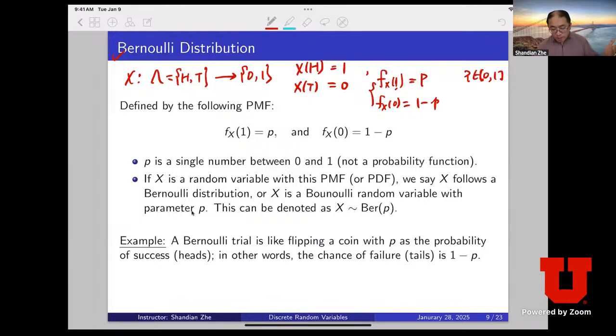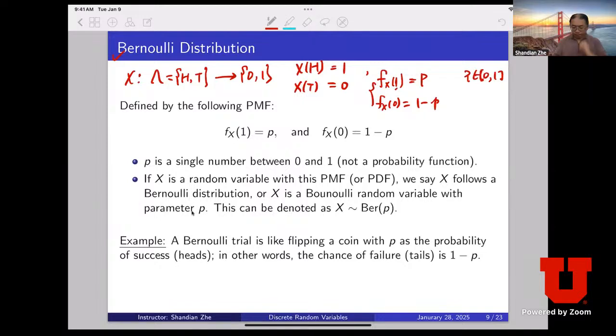So how about the probability mass function at other values of x? It's just 0, right? Because you only have these two maps. You map h to 1, you map t to 0, right? For all the other values of x it is just 0.